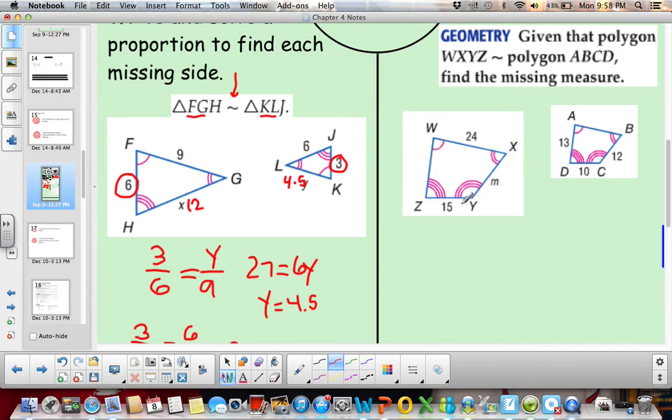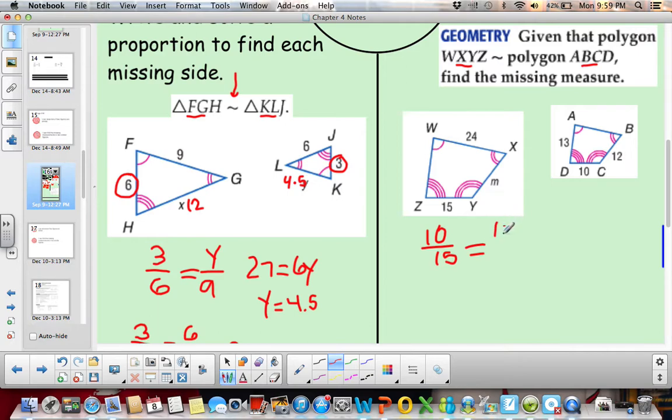So we know that 10 and 15 are corresponding. So I'm going to set it up like this, 10 over 15. And then we know that 12 and M are corresponding because you can look at the angles and you know that 2 and 3 matches up with 2 and 3. You also know that BC corresponds with XY, and here's XY.